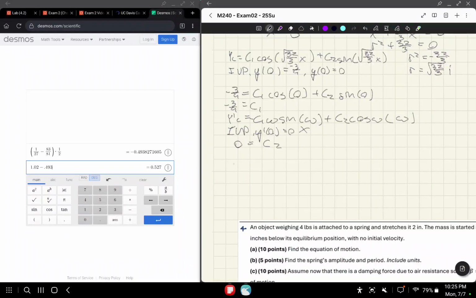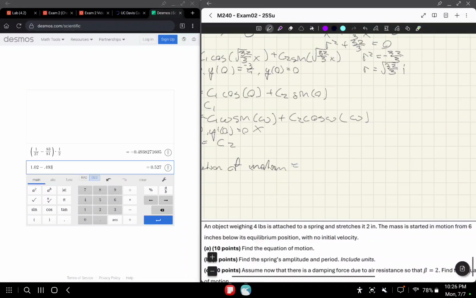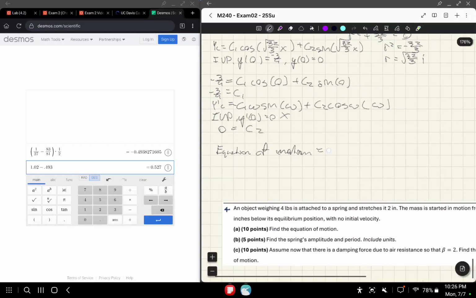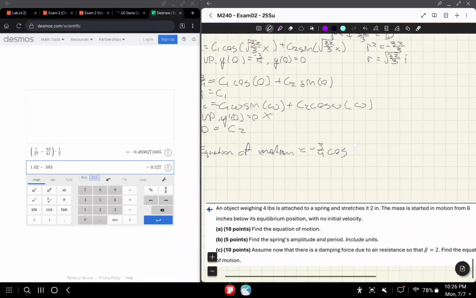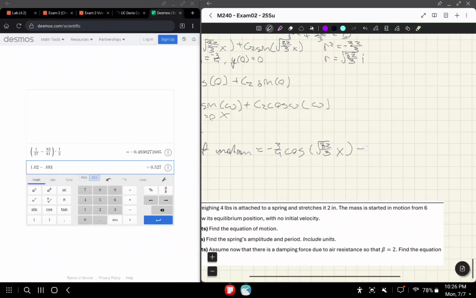Our equation of motion for this problem will just be the part with the first constant: x equals negative 3/4 cosine of the square root of 32 over 3 t, plus 0, since constant 2 is 0.